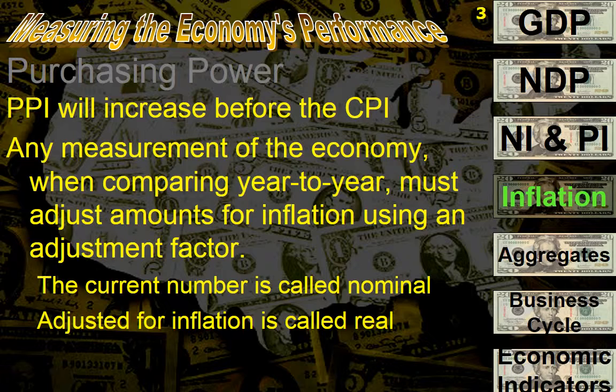Now, the reason why it's really important for us to understand what the PPI does, but more importantly what the CPI does, is that remember when we took a look at national income and gross national product, we're counting all these numbers, and all these numbers are being rendered in dollars. That's kind of like the unit. When you measure distance, you use yards. When you measure an economy, you use dollars.